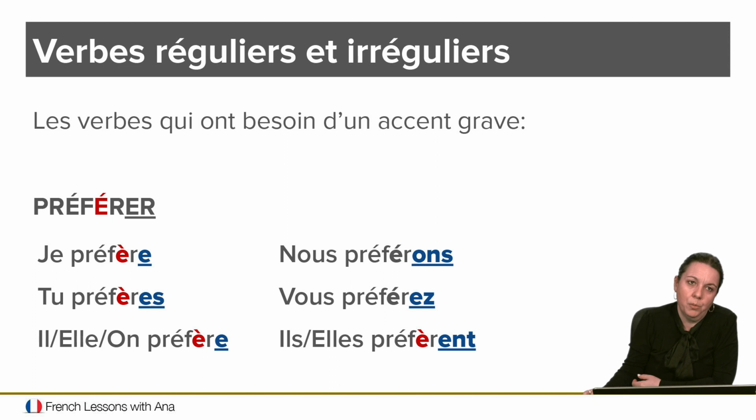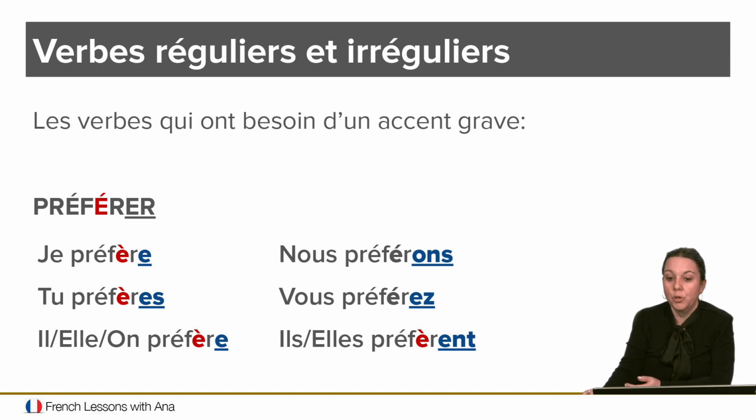Accent grave goes backwards. This one going that way, frontwards, is the accent aigu. And this accent aigu is going to change, just like we saw with acheter, into accent grave, okay? Because this verb as it is here, this is called an infinitive, right? A verb that has not been conjugated is infinitive.